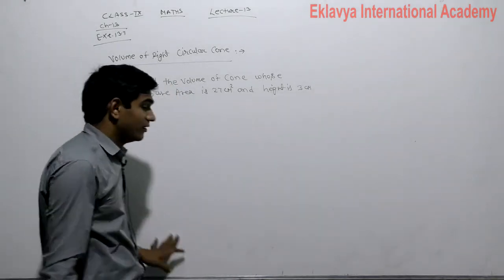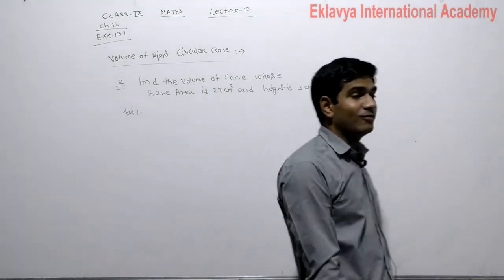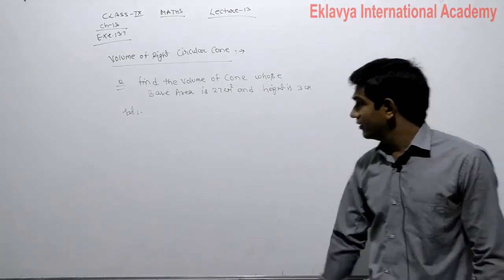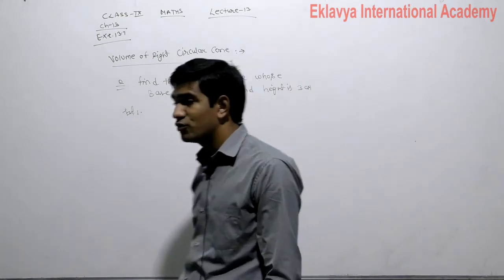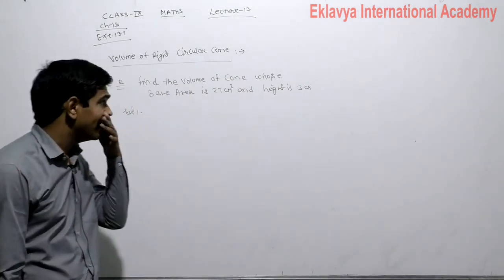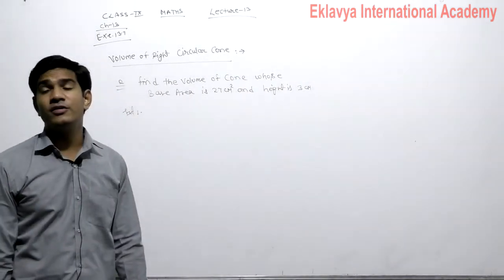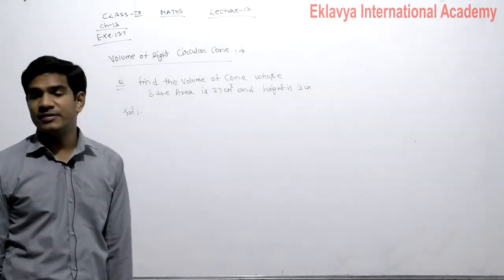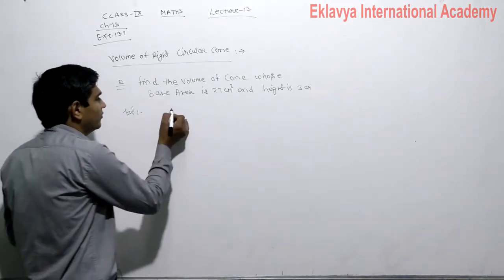So friends, we will find the volume of the cone. Base area is given to you, 27 centimeter square, and height of the cone is given to you, 3 centimeter. Then how will we find it?